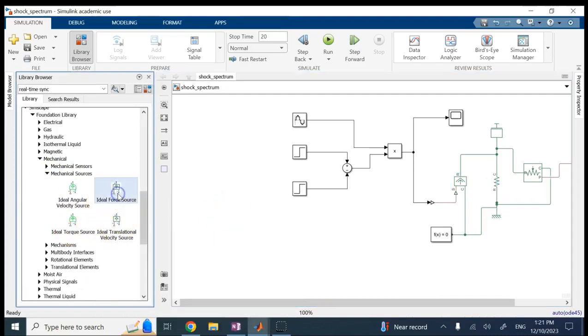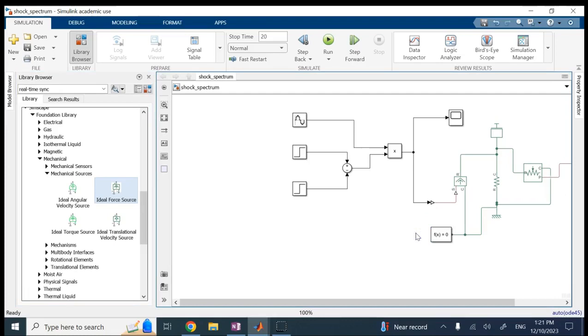So I pick this one, I bring it in, and one end of it, which is S, the source, is attached to this block that is creating my half sine wave. And then I have C and R, okay? C is attached to the ground, R is attached to the motion, to the mass. So it applies to the mass basically, right? And the other end is attached to the ground. So this force is basically relative to the ground.